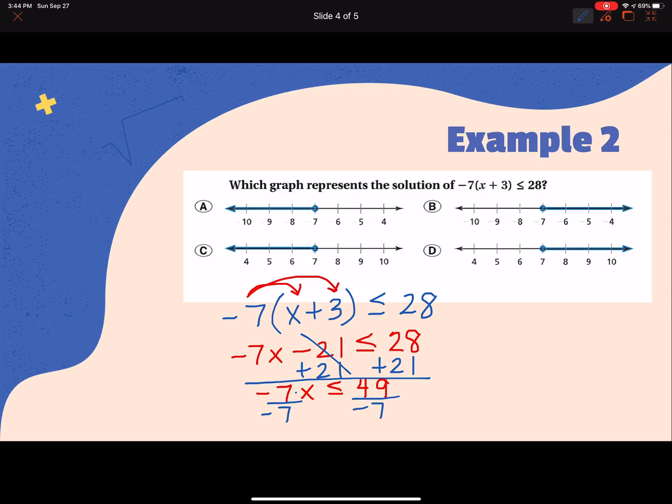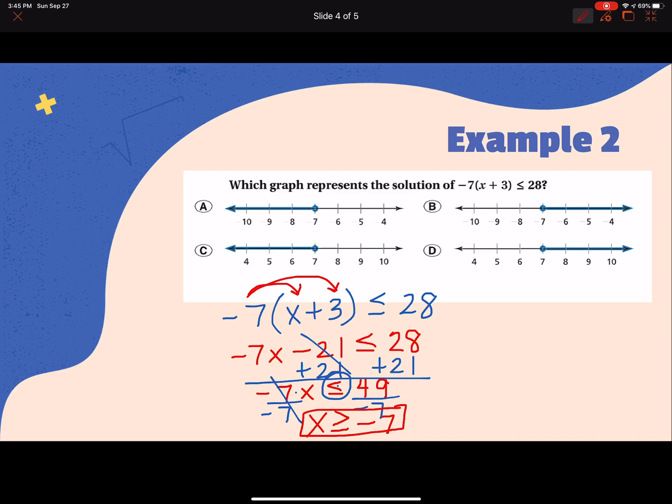When I divide by a negative, remember we need to reverse that inequality symbol. So now I'm left with x is greater than or equal to -7. Put a box around that so you can tell where my solution is.